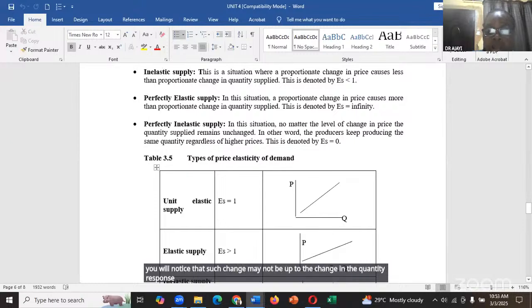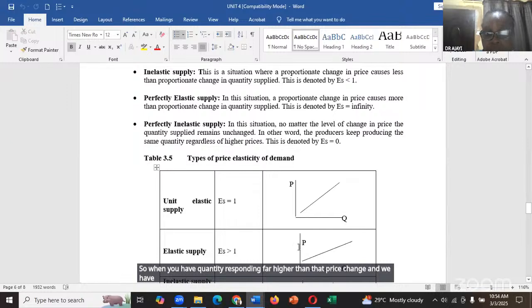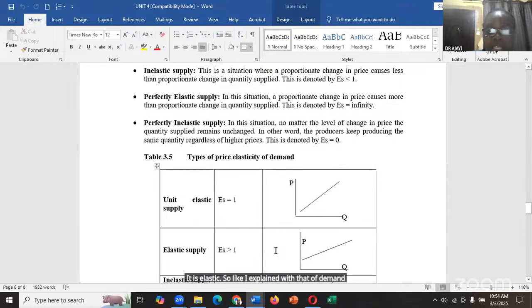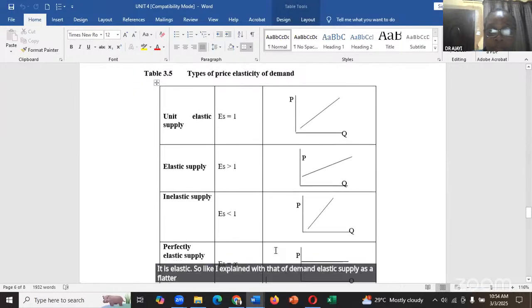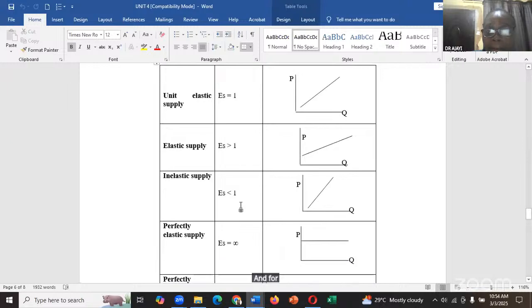So when you have quantity responding far higher than that price change, then we have elastic supply. It is elastic. So like I explained with that of demand, elastic supply has a flatter supply curve. And for inelastic supply, we have a steeper curve. The right word there is steeper.